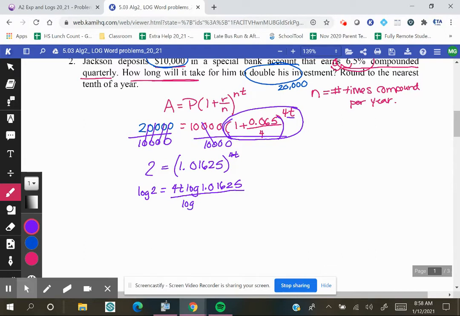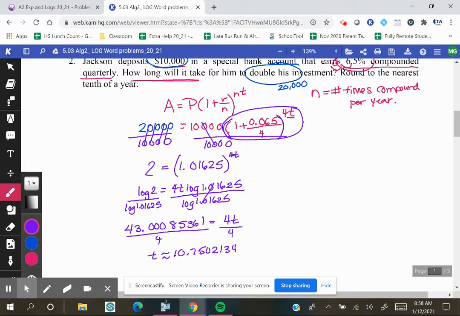So maybe I divide by log of 1.01625 first, and you're going to get a decimal there. And then I want to solve for t, so divide both sides by 4. Write out your entire decimal, and then round, it says, to the nearest tenth of a year, so 10.8 years.